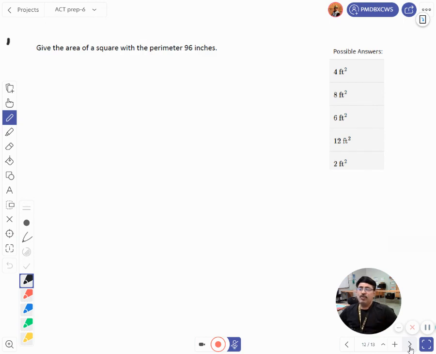Give the area of a square with the perimeter 96 inches. In this question, I see that all the options are given in feet. First of all, perimeter is given as 96 inches. So, perimeter of a square is 4 times side.